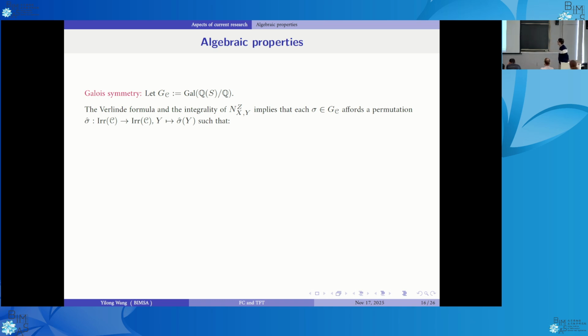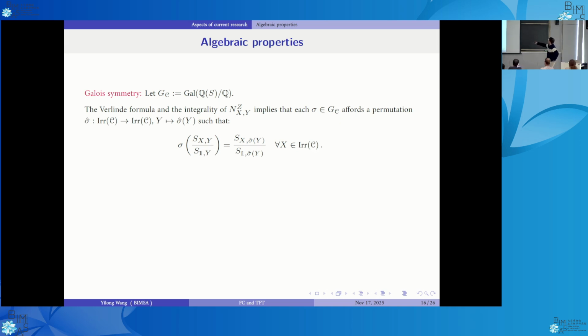So the Verlinde formula and the integrality of these fusion rule coefficients imply that for each Galois automorphism, I have a permutation action on the set of simple objects. And this is given by the Galois conjugates of the normalized columns of the S matrix.